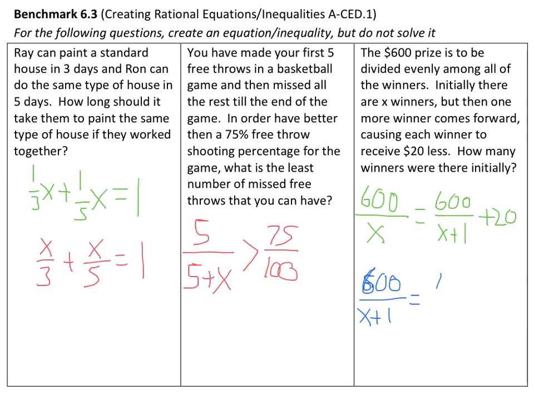Well, that would mean I'd have $600 minus $20 for each original individual, divided by X. So that's another way to look at it, because if you have $600 divided by one more person, well, that would be your $600 minus $20 per person, all divided by the number of initial winners. Two different ways to write it. Hopefully one of those would work for you. There are probably many, many more. For all these, there are different ways to write these, but these are the ones I've written, and hopefully they make some sense.